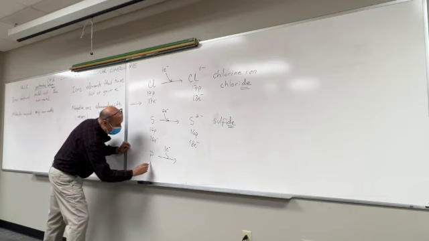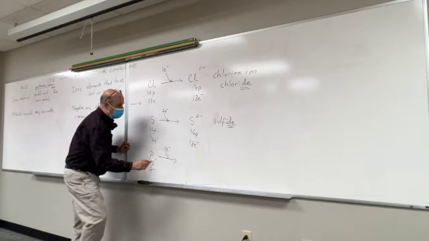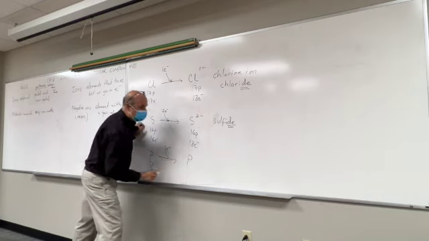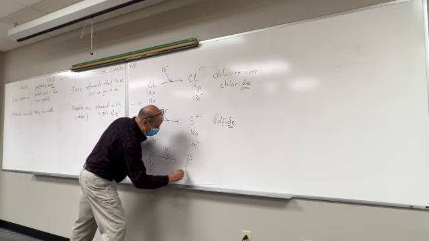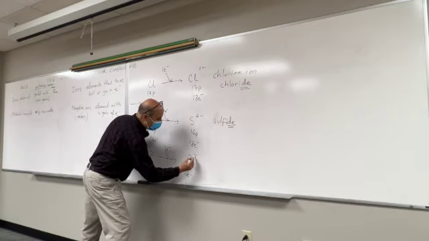Phosphorus starts with 15 protons and 15 electrons. When it gains 3 electrons, it becomes phosphide. And it's going to have still 15 protons, but it's going to have 18 electrons. A charge of 3 minus.